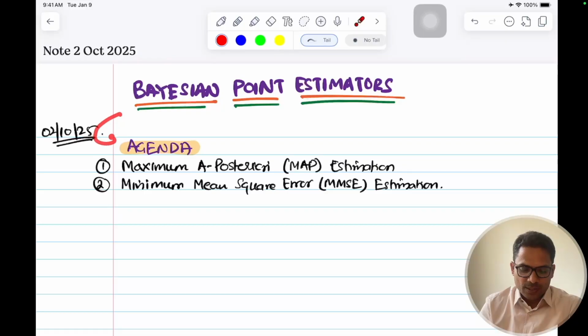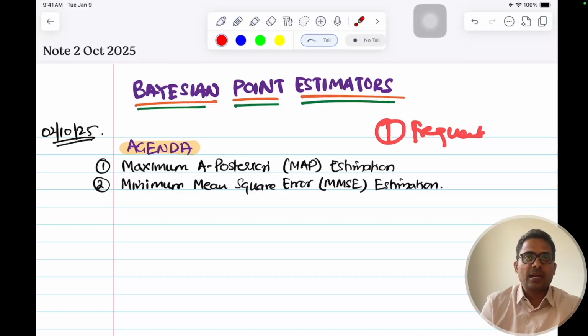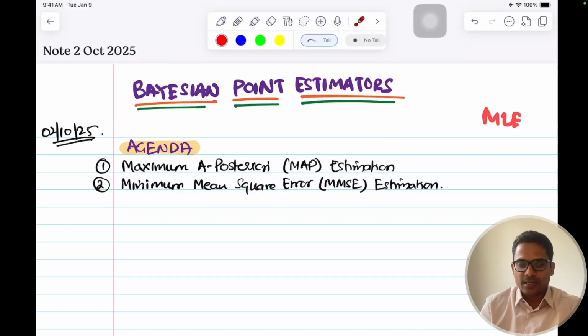We learnt in the last video that for estimating the parameters which describe the data that we have, that is parametric model estimation, there were two methods: frequentist, under which we studied MLE, maximum likelihood estimate, and the other one was Bayesian. In MLE we got one point value.